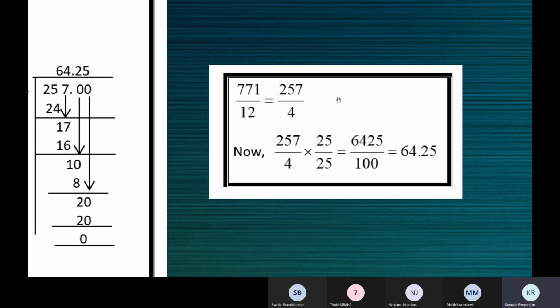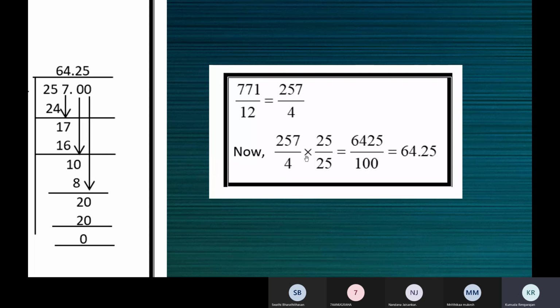Now, you don't want to perform the long division because you can bring the denominator 4 to denominator 100. The denominator 4 can be converted to 100 by multiplying the numerator and denominator by 25. These are equivalent fractions. When you multiply by 25 by 25, you're just multiplying by 1, because 25 by 25 is 1, 5 by 5 is 1.